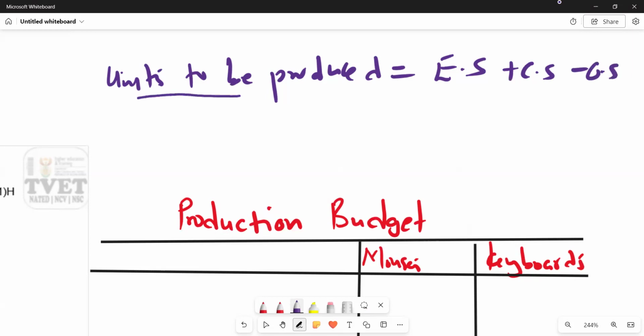With that, you get the units to be produced. This is a quantifiable plan, so all the calculations will be in number of units.